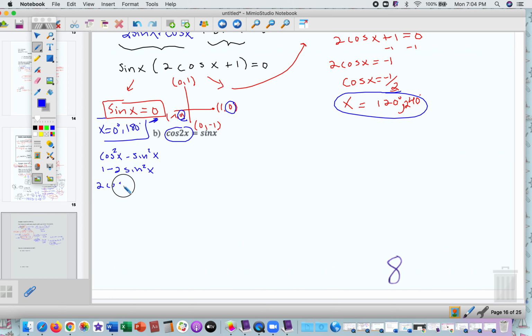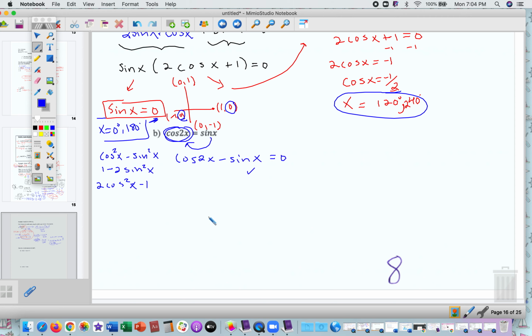And 2 cos squared x minus 1. So we have three options for cos 2x. If we're trying to solve, right, we first would want to get everything on one side. So if we move the sine to the left and we need to replace cos 2x, we want to decide what we should replace cos 2x with.